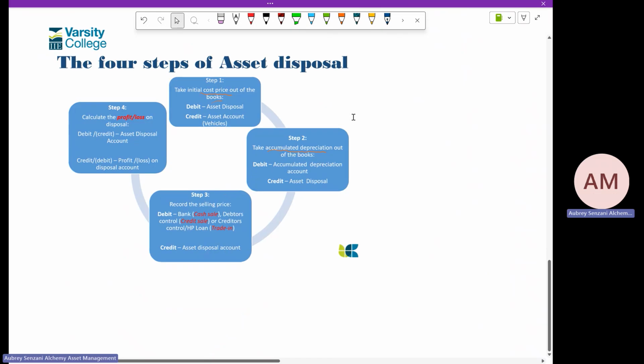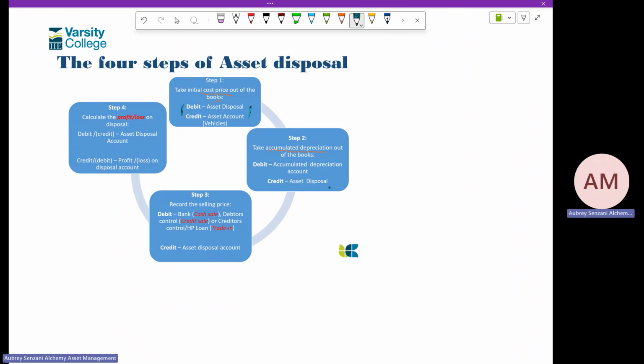So just again, quickly, we start by removing the cost of the asset out of your books, step number one. And there you can see I've also included which accounts you debit, which accounts you credit. And then step two, you have removed the accumulated depreciation out of the books by debiting accumulated depreciation, because you're going to be bringing it down, because we know it's a negative asset, right?